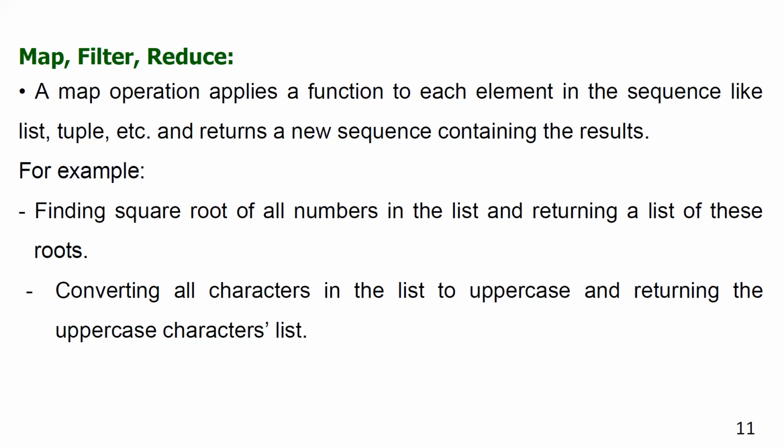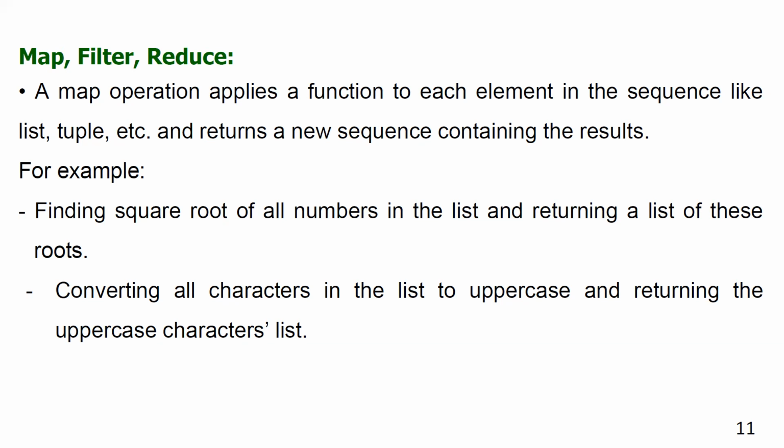A map operation applies a function to each element in a sequence like a list, tuple, etc. Whenever we use the map operation, the function is applied to all elements, and it returns a new sequence containing the results.